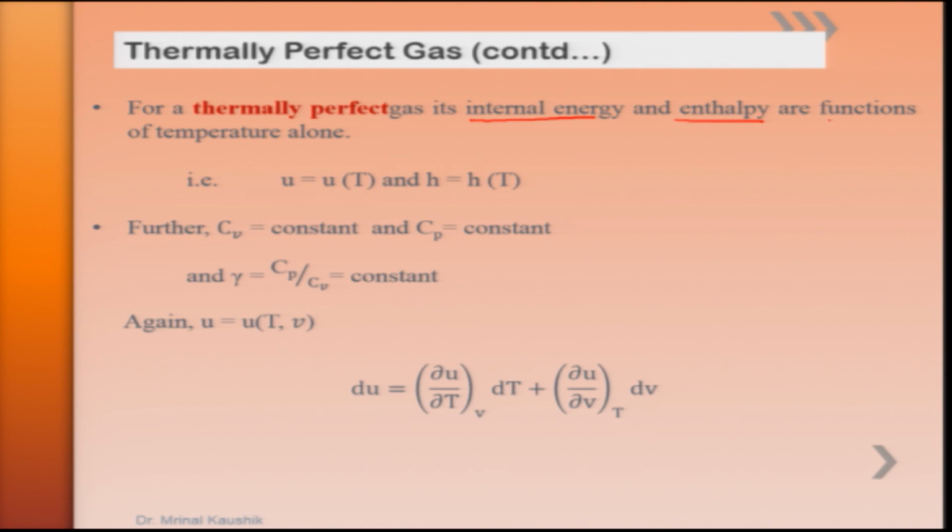We started with a general case, u as a function of T and V, and H as a function of T and P, and we brought out that du is equal to C V dT and dH is equal to C P dT.